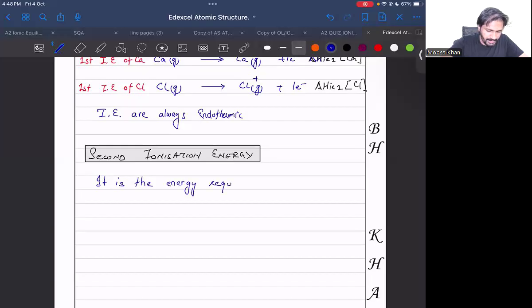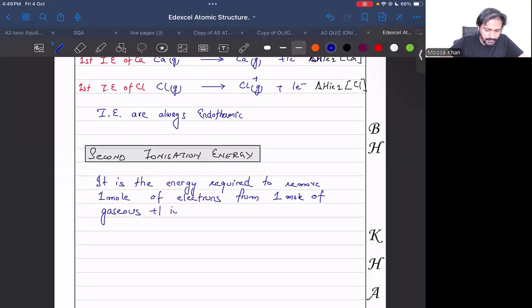It is the energy required to remove 1 mole of electrons from 1 mole of the already prepared gaseous positive 1 ion.